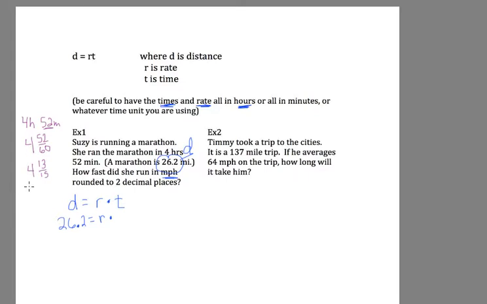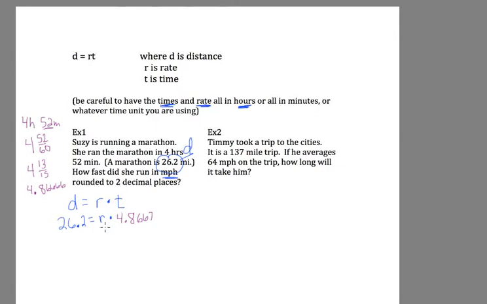I would even go so far as to change that to a decimal to make my calculator work a little easier. 13 fifteenths is 0.866666 repeating. So that's my time in hours, 4.86666 repeating. I rounded to that.